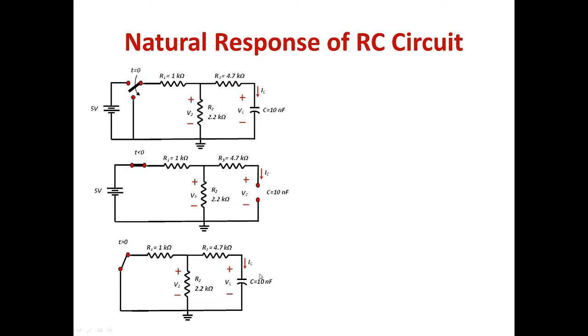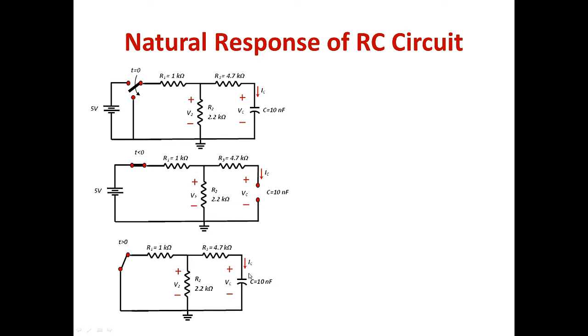Now, this particular circuit has seen a switching at t equals 0, and you will end up with a first order differential equation. This capacitor has electrostatic voltage or electric field stored inside the capacitor. This electric field or voltage is basically stored energy, which is proportional to the charges across that capacitor.